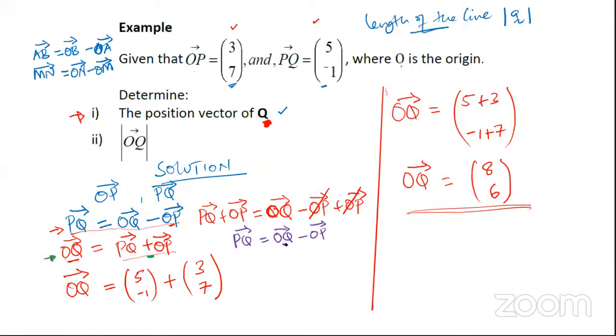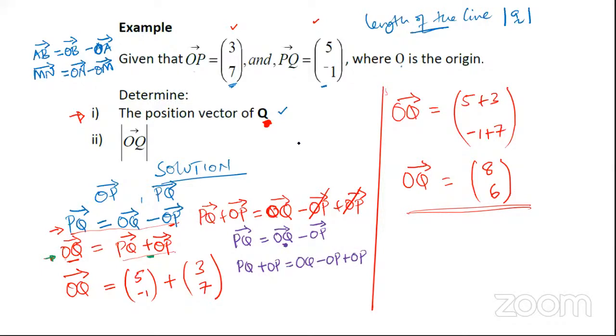If we want to remain with only OQ, it means we are eliminating this one by adding. So that's why we have PQ plus OP is equal to OQ minus OP plus OP.